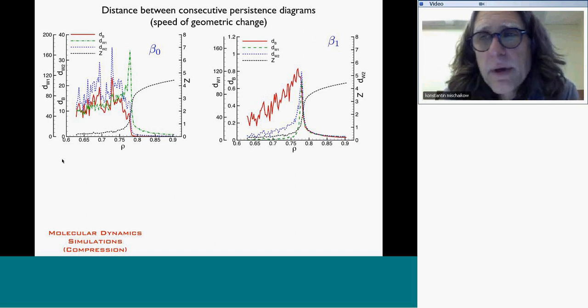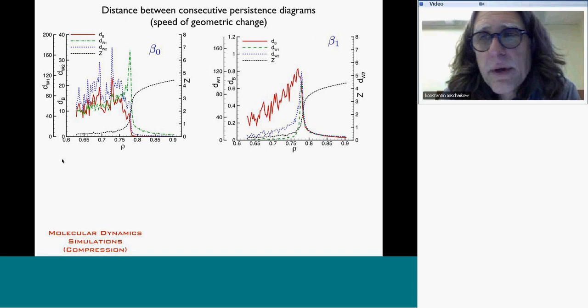The question would be: it seems like this phase transition is very limited through distance computation. I was just thinking about the naive simulation itself. When the different particles were compressed, there feels like there is going to be a drastic drop in both beta 0 and beta 1 as the particles get closer and closer to each other.